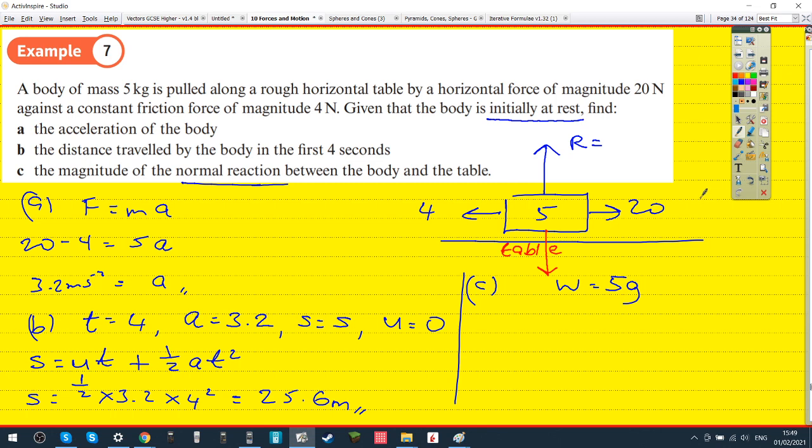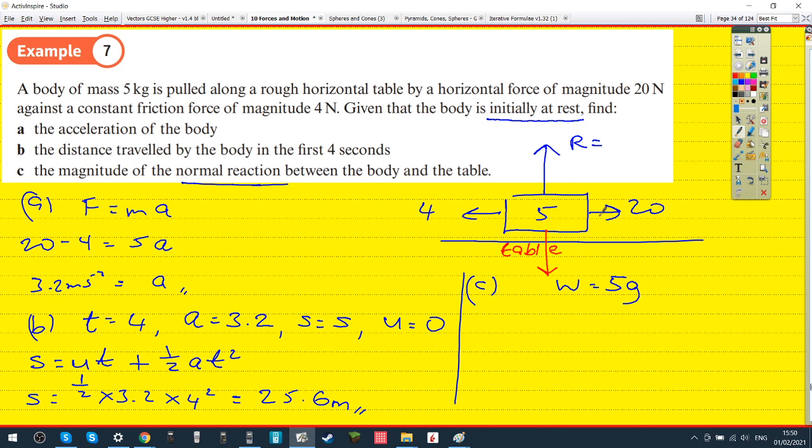So normal reaction. I'm getting a bit confused, I think. The body isn't moving up or down.